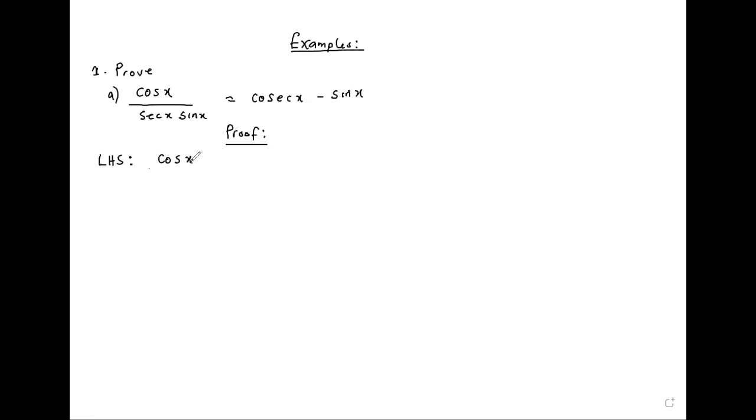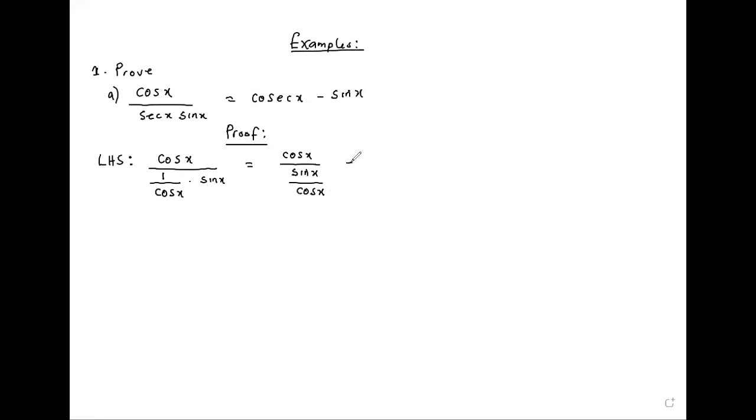Cos x over sec x is the same as 1 over cos x multiplied by sin x. This is the same as cos x over sin x over cos x.